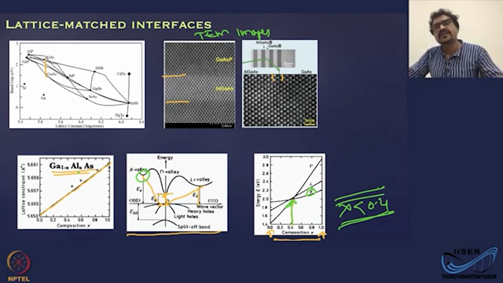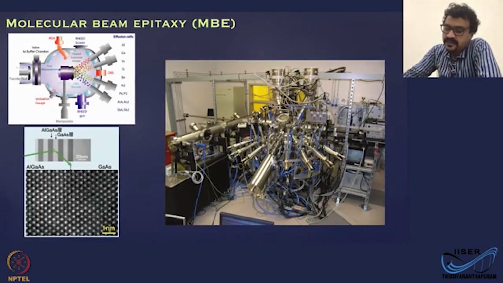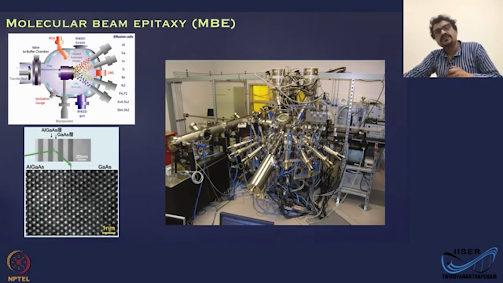Now we can look into how these material systems are actually made. There are two main processes where these really high quality, high purity materials are grown.